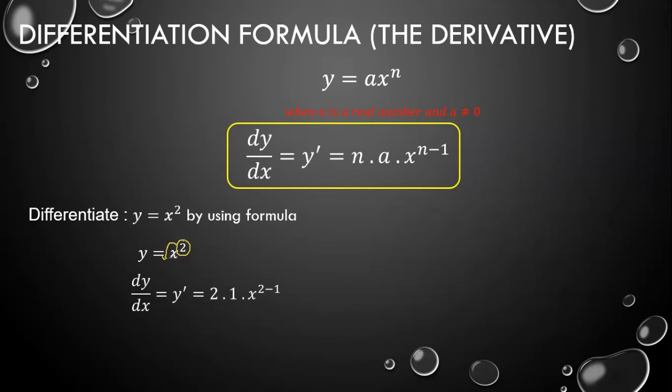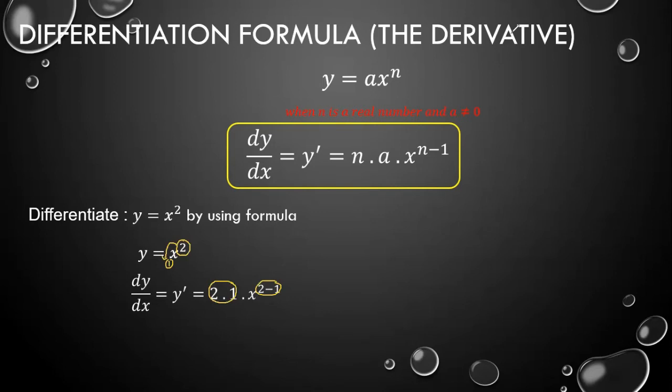The coefficient here is 1, right? Because 1 is a number. 2 times 1, right? And then times x, the power will be subtracted by 1. That's the formula.